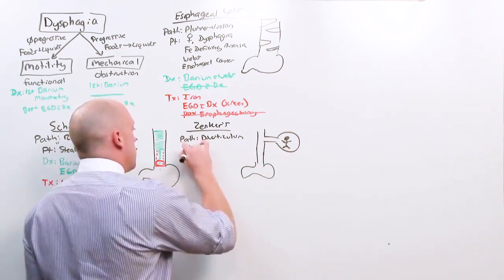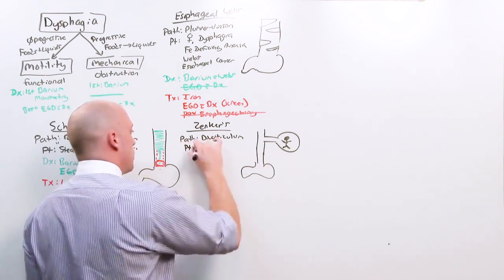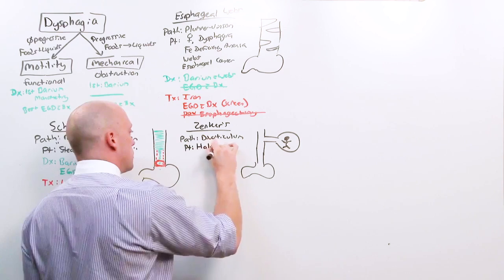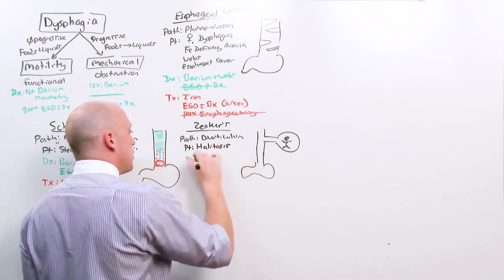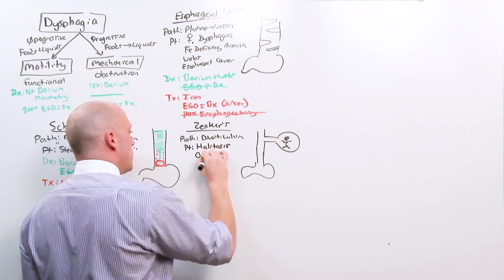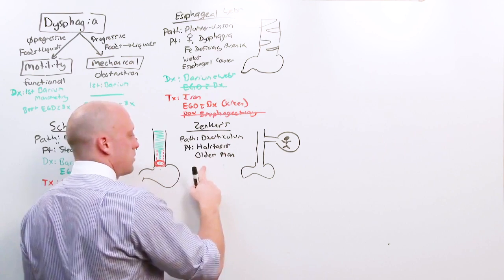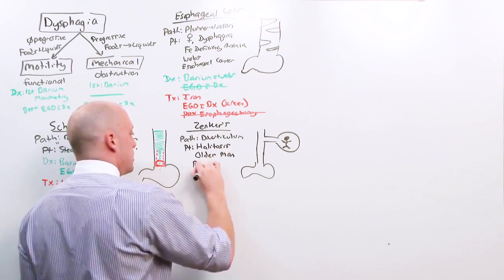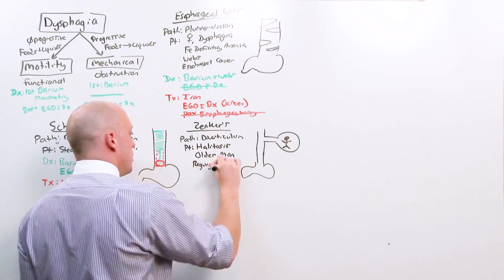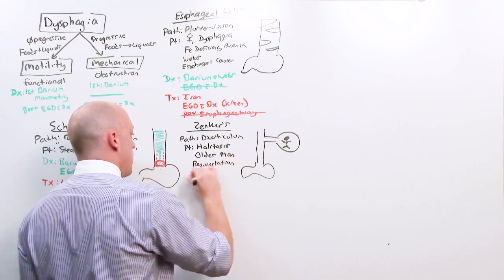You can imagine that undigested food in the back of your throat doesn't smell very good, so you're going to get halitosis. This generally is going to be an older man on the test, but age is definitely a risk factor. And the thing that's going to seal the diagnosis is regurgitation of undigested food.